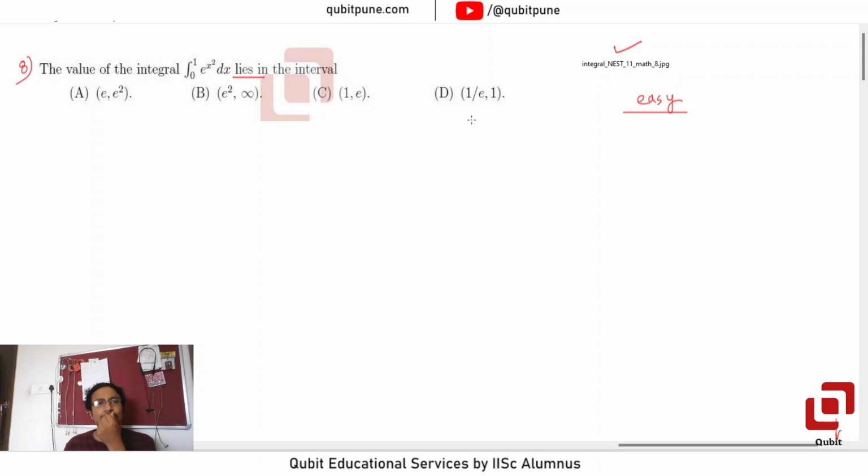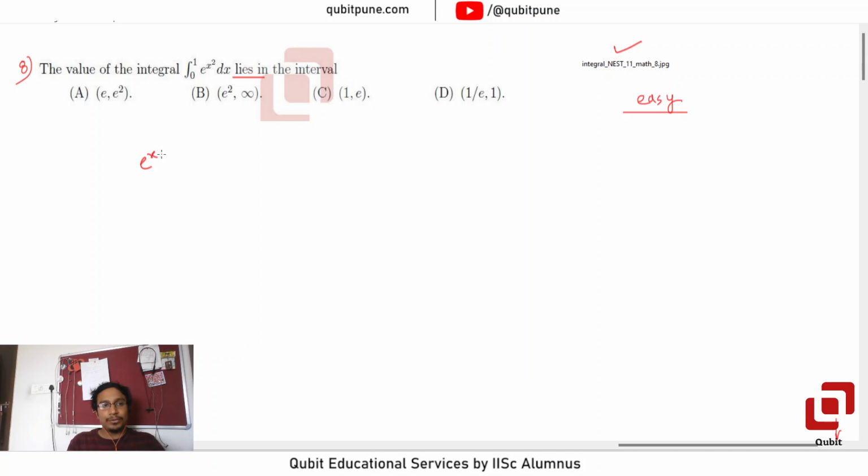So, can we try comparing it with e to the power x? Yeah, you can, but there is an even better approach. We get the value at x equals 0 and 1. Then we take the area, it'll be between 1 and e. Yeah, but you have to provide an explanation for that.